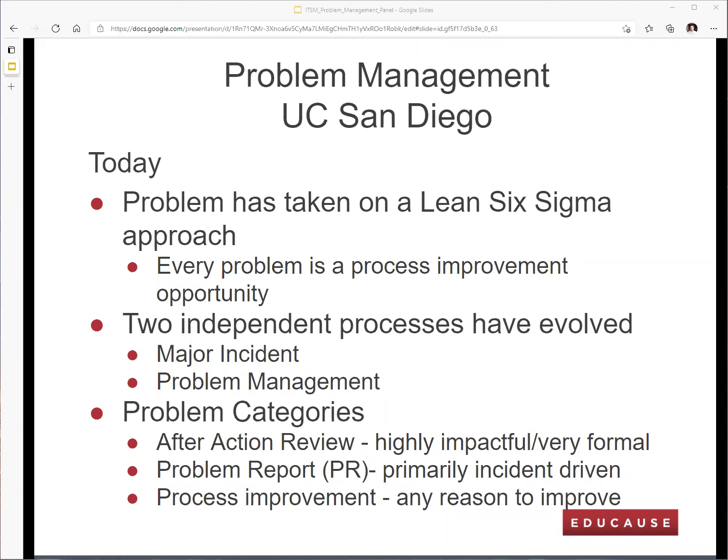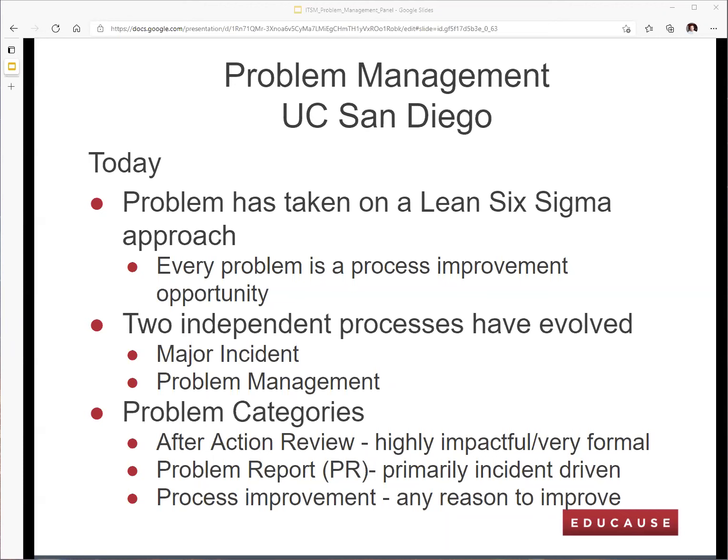So we've sort of categorized problems in three ways. We have after action reviews, we have problem reports, and we have process improvements. Now they're all problem tickets. An after action review in our case is reserved for some incidents which are highly impactful and have caused huge amounts of impact across the organization.